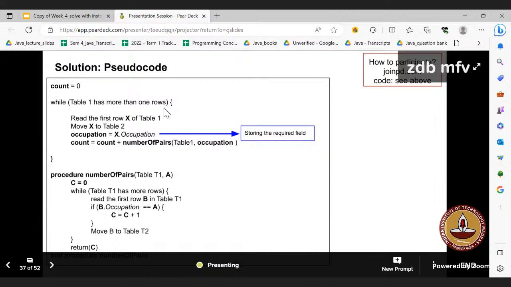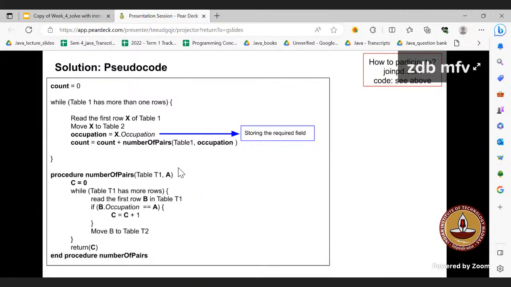For the second row, after discarding the first row from table 1, there will be only the second row. So you will move it to table 2 and you will store X dot occupation in occupation, and then you will call the procedure. So for each and every card, the procedure call will happen, and A will also be updated.